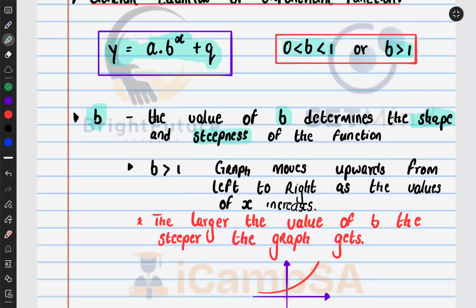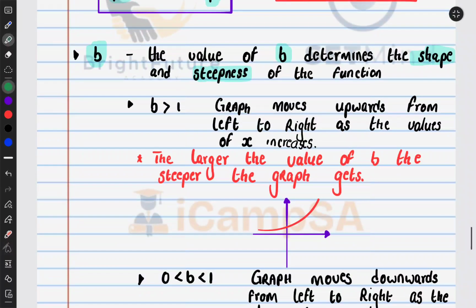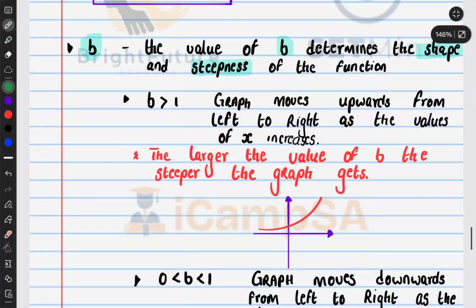What you see happening here is that as the value of b increases, say now we have y is equal to 4 to the power of x, the graph gets steeper and steeper. Let's say the sketch I've drawn here was y is equal to 2 to the power of x.